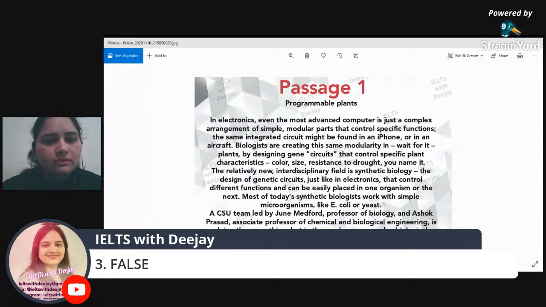Okay, so should we move on to passage 2, the second exercise? Okay, so we're going to move to the second one.